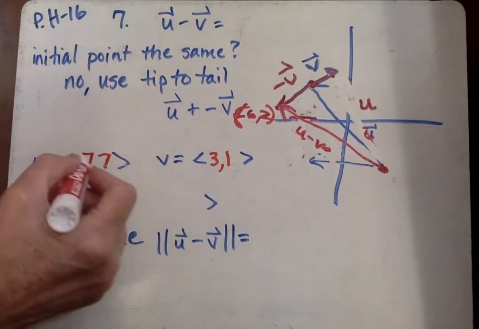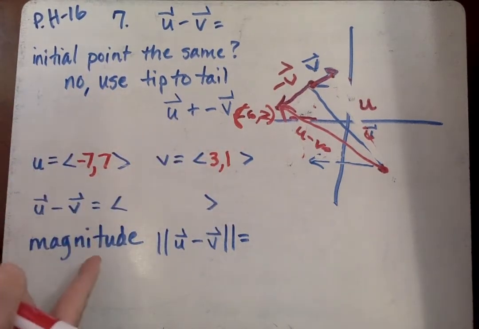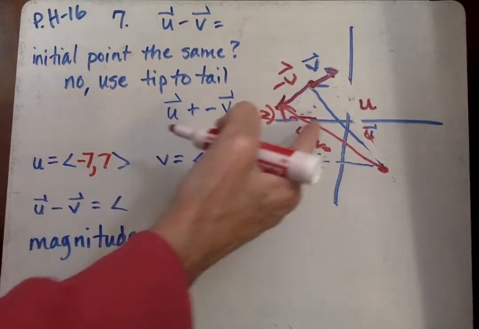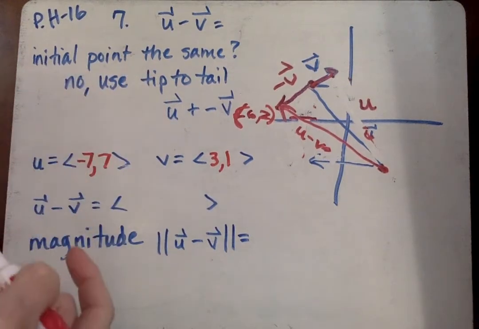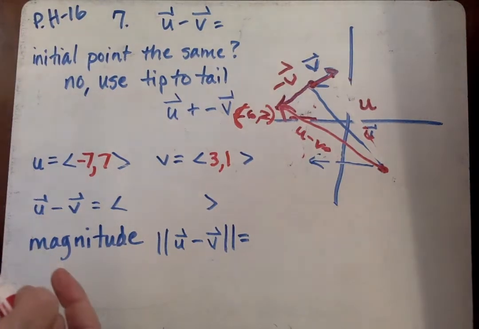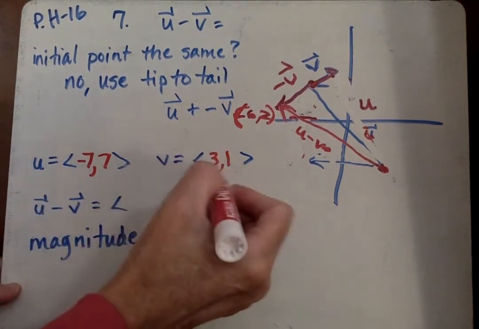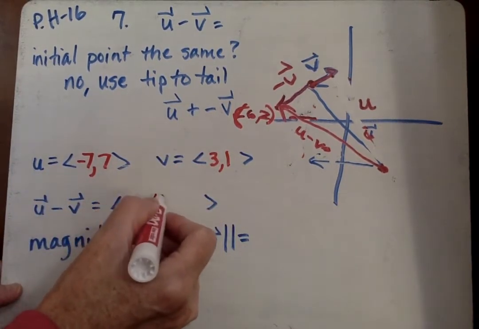Now we can either use the component forms to find that, or we can just say, okay, how many over and how many up. So negative 7 minus 3 will give you negative 10.